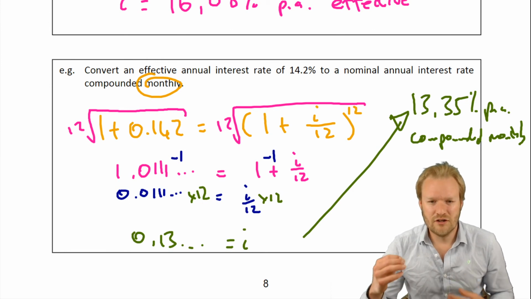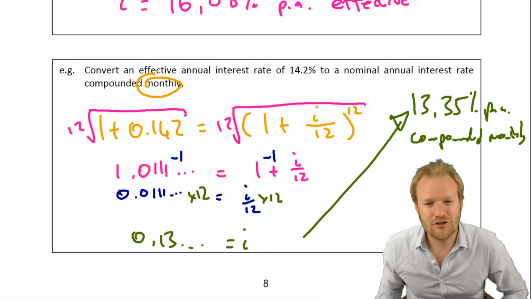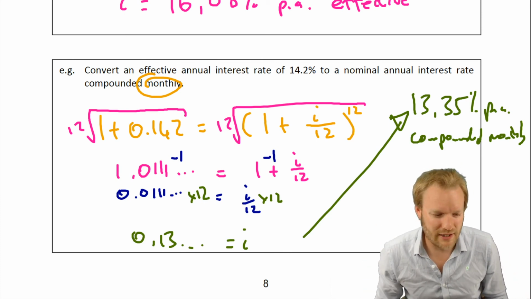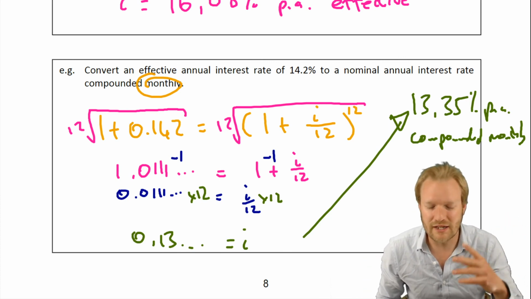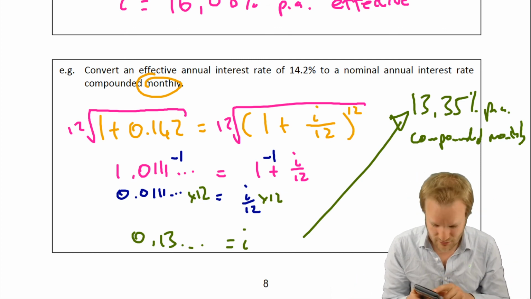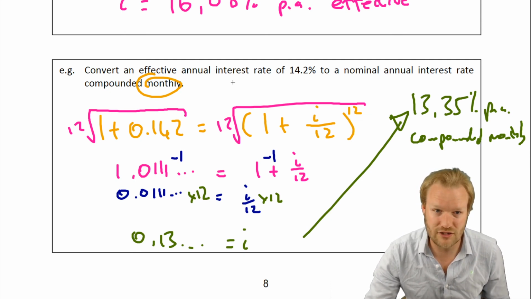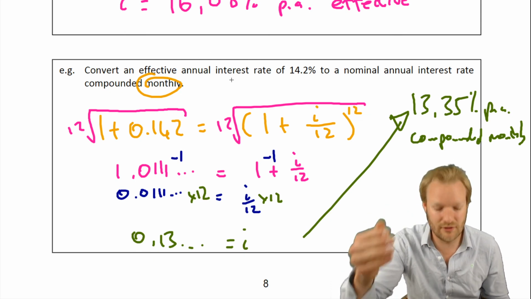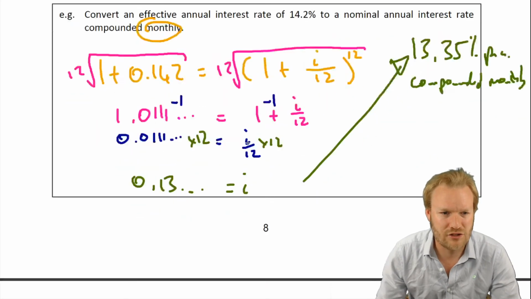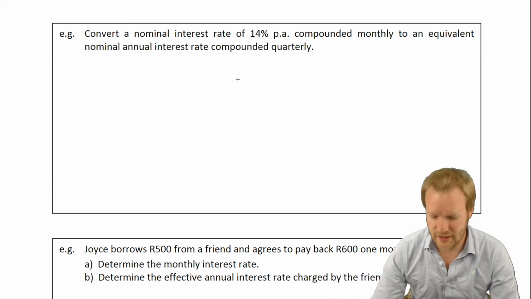If you go into the various banks, one doesn't say you're going to get compounded quarterly and the next bank says you're going to get compounded monthly, and then you have to sit there with your calculator going, just a second, I just want to see which one's working out better. They will tell you the effective annual interest rate, but it will be compounded at different amounts. Okay, so let's head into this third one in the next video.